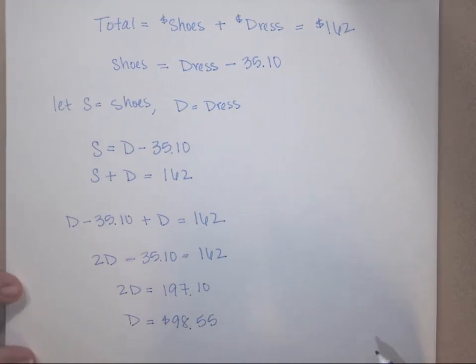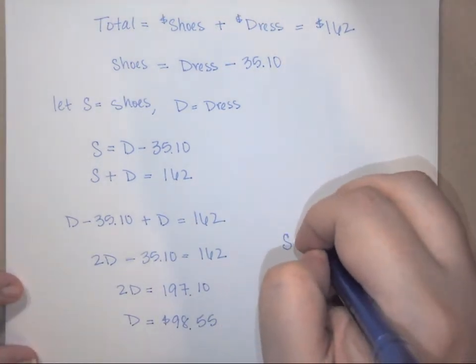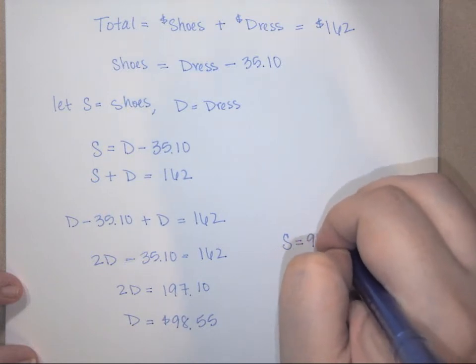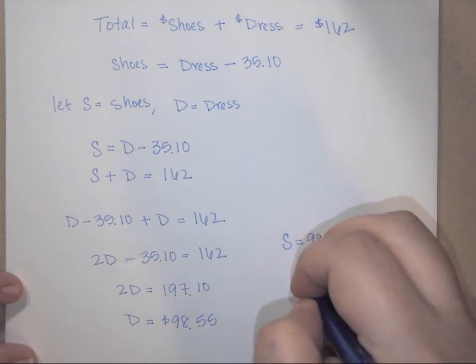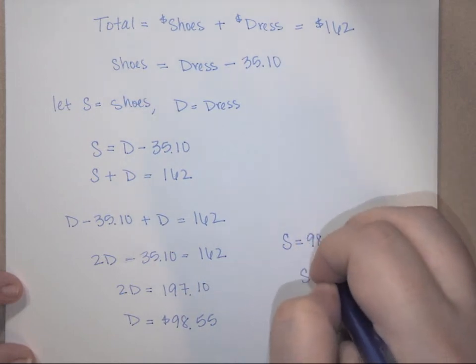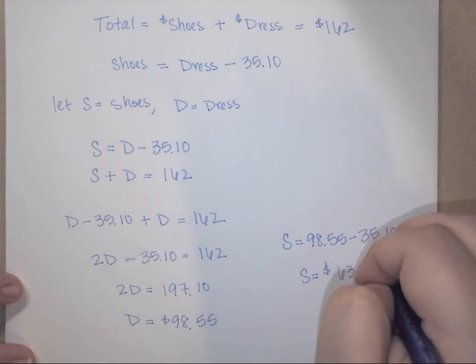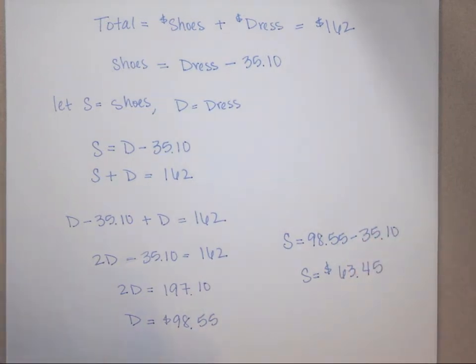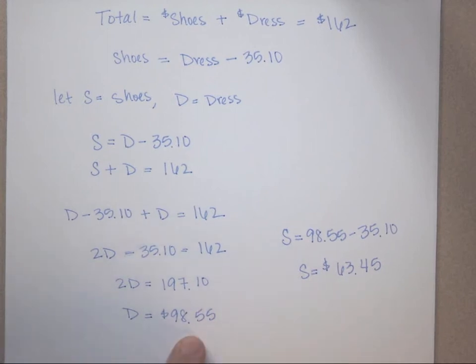If my dress costs $98.55, then my shoes equal $98.55 minus $35.10. So my shoes are going to cost $63.45. Now you can check your work by simply adding these two prices together and seeing what you get.